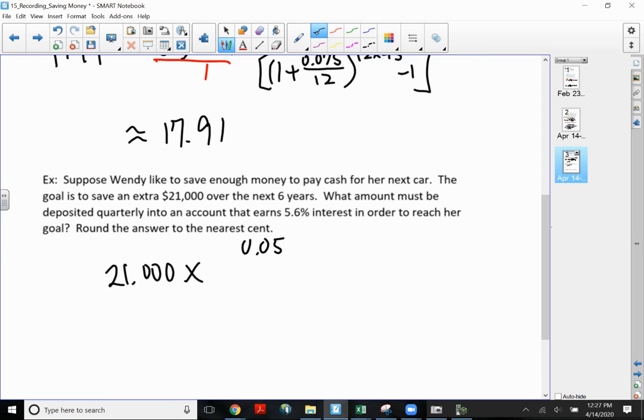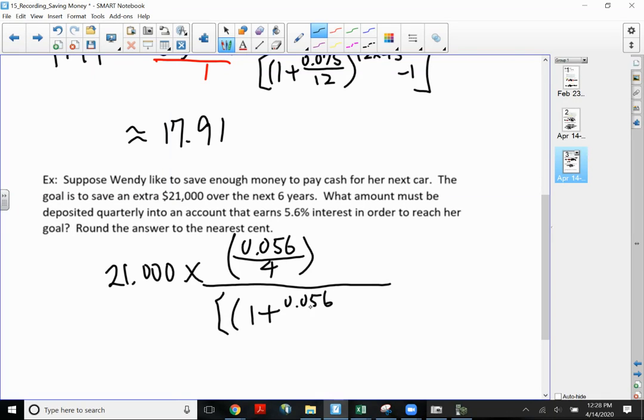Be careful right here. I'm making quarterly payments into this account, so that n is 4. Raising the bracket 1 plus 0.056 divided by 4 to the 4 times 6 power, right? 6 years. So that's 24 payments basically. 4 times 6, you're paying yourself 24 times. Minus 1.